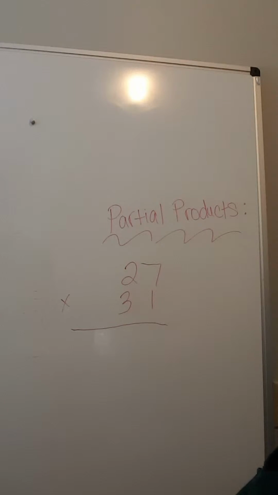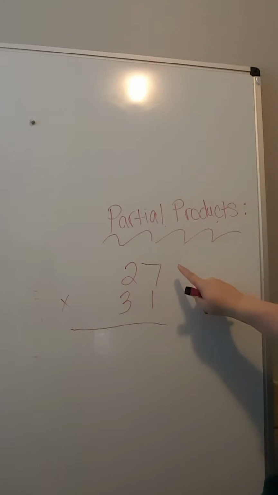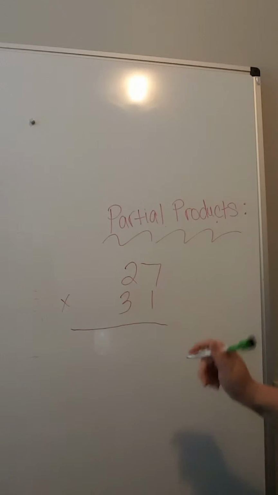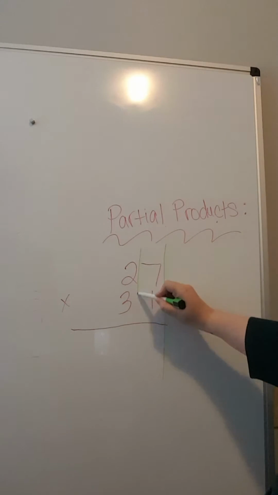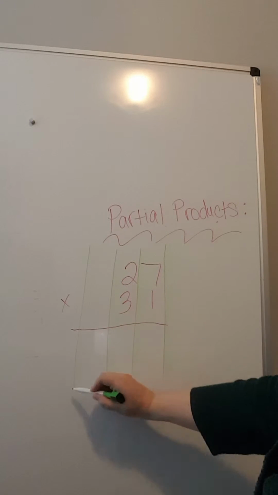Okay, so the second problem that we're going to solve using partial products is 27 times 31. And then I'm going to do the same thing that I did in the first problem and go ahead and just draw some lines. Kind of helps keep everything more organized.